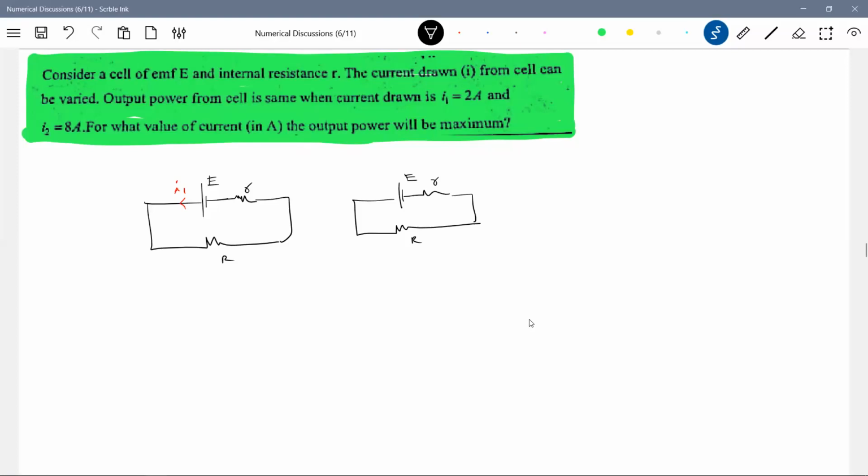For what value of current will the output power be maximum? I'll come to that first.